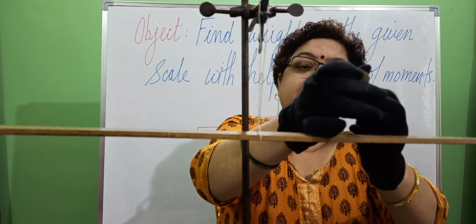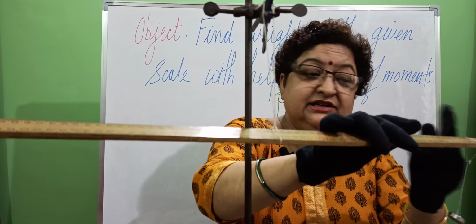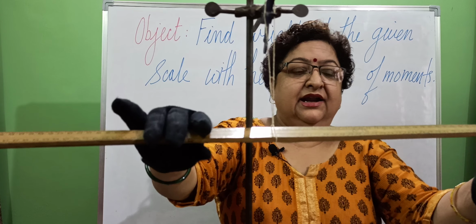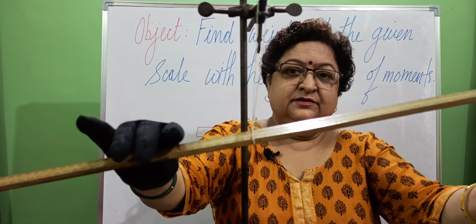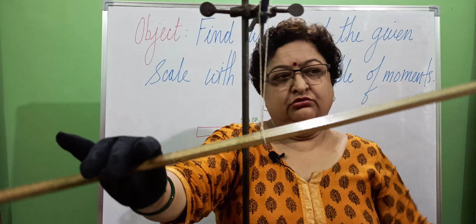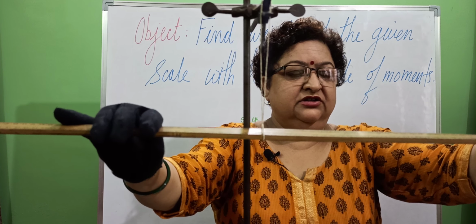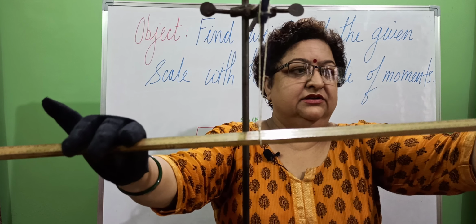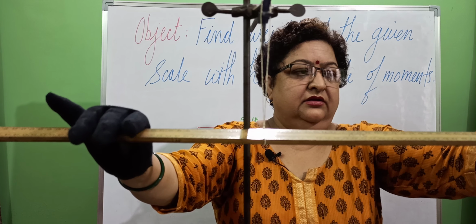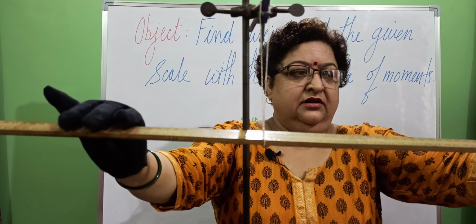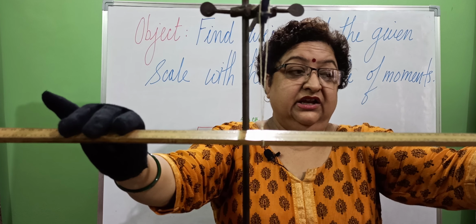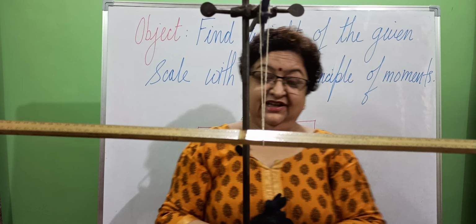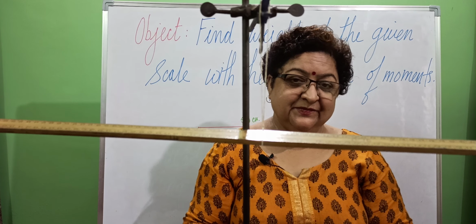That means the total weight suspended will become 30 gram. Let me keep it as far as possible. No, the scale is still not balanced. Not bad. And we can balance the torque of the scale's weight with the 30 gram weight, and here we have done it.